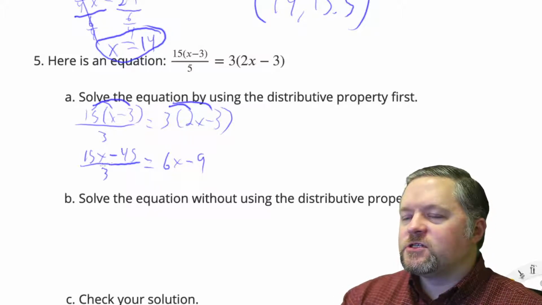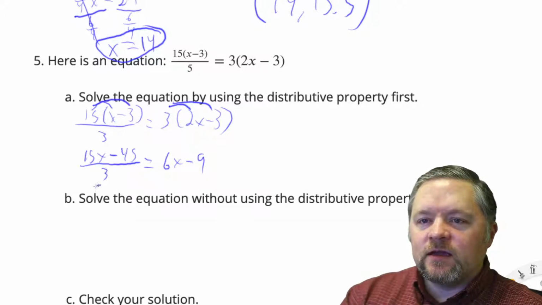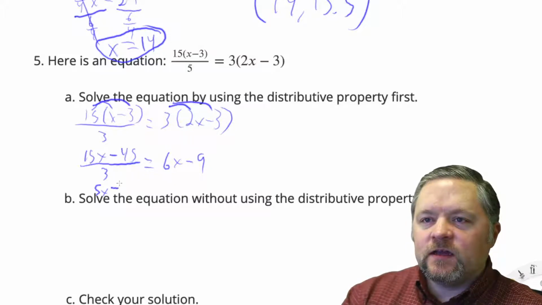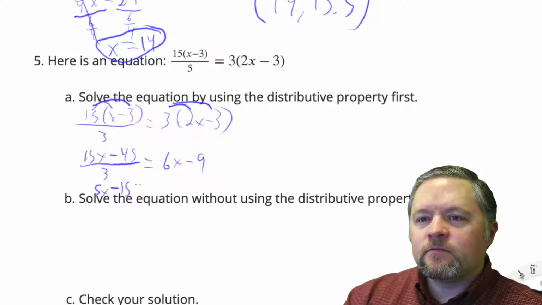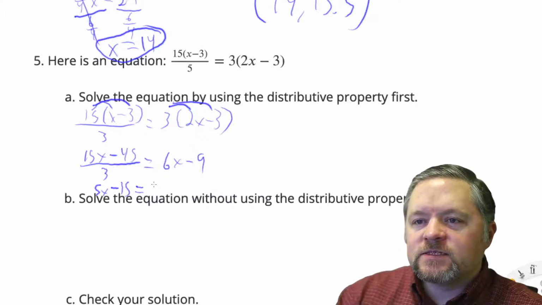Both of these numbers here are divisible by 3, so let's do that. 15x divided by 3 is 5x. 45 divided by 3 is 15, equals 6x minus 9.